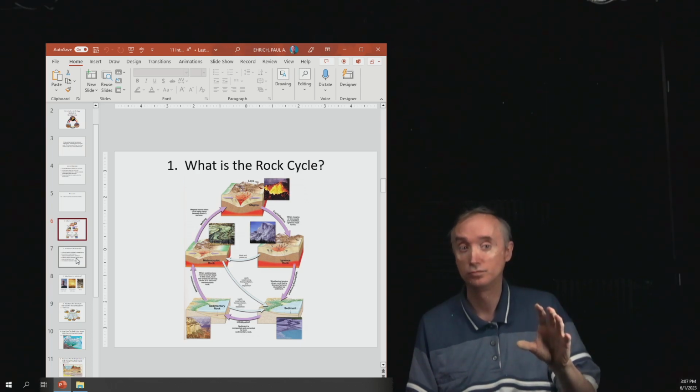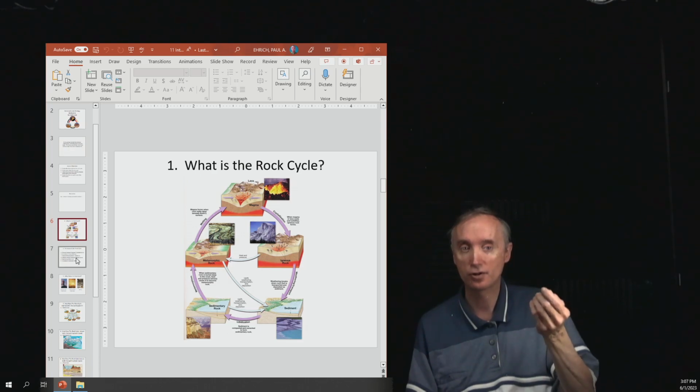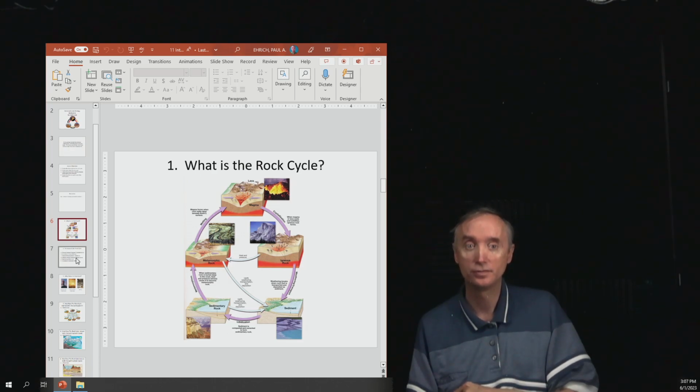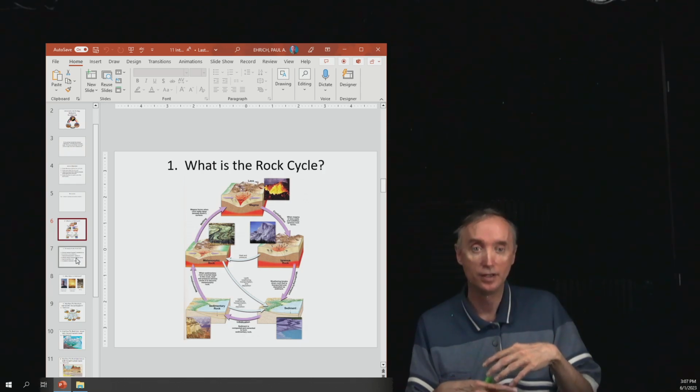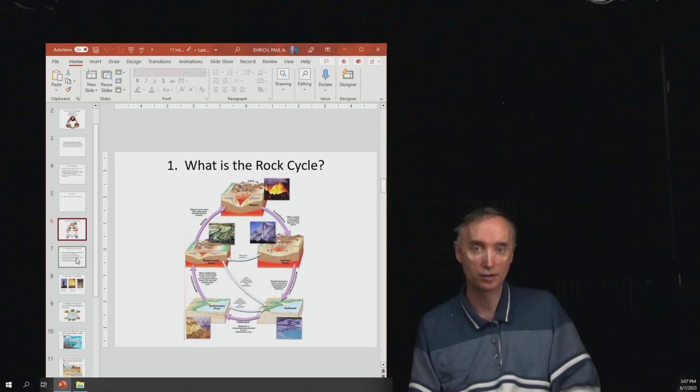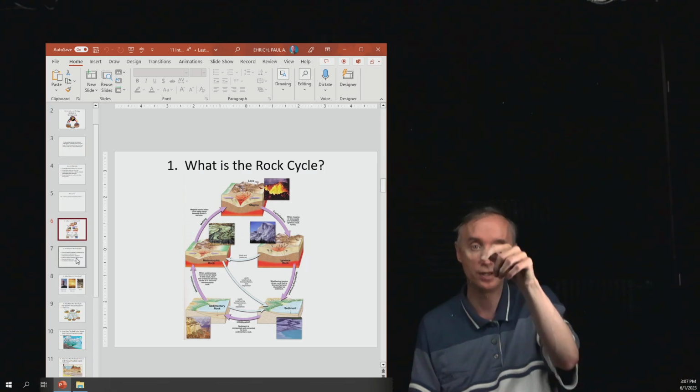And also, what about if you start with the sedimentary, could you turn it into another sedimentary? Yes. If you take a sedimentary and you weather it, and then you put it back together again, it would be a different sedimentary rock. So don't get the idea that a sedimentary has to change to a metamorphic or an igneous.